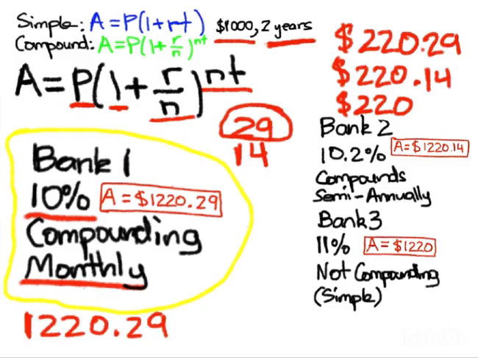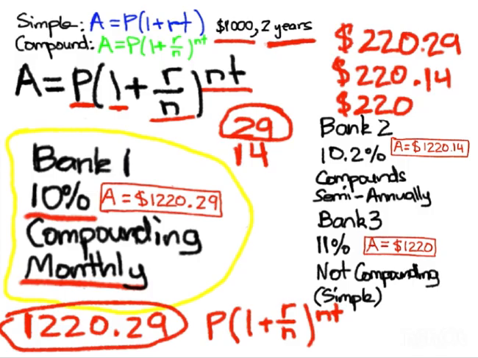If you were to invest in that bank again for another 2 year time frame, this then would become your principal amount. That means now that you're putting this in here, you'll be profiting exponentially after that 2 year time frame with Bank 1 more than you would with Bank 2 and Bank 3.